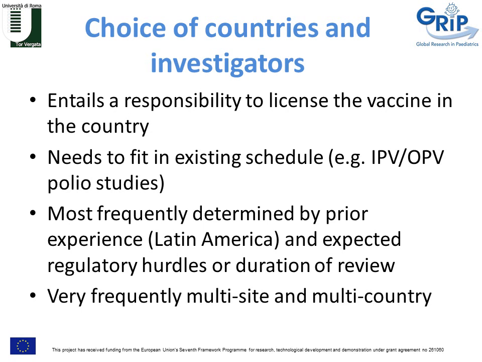The choice of countries is most frequently determined by the experience of investigators to conduct large phase 3 trials, the expected difficulties in obtaining approval from the regulatory authorities, and of course the need to include subjects from countries that represent the populations in which licensure will be sought.